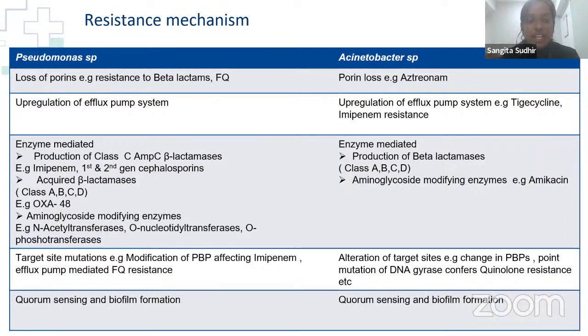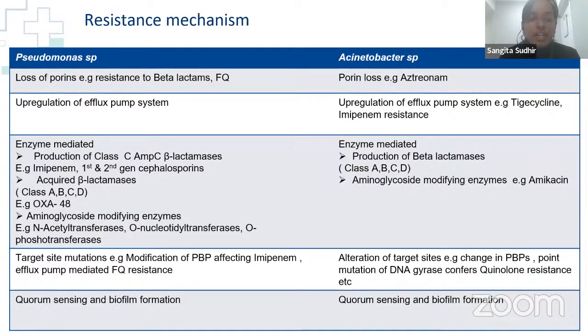Inherent enzymes like the class C AmpC beta-lactamases. So examples like imipenem, first generation and second generation cephalosporins are inherently resistant, so they are not beneficial for Pseudomonas treatment.